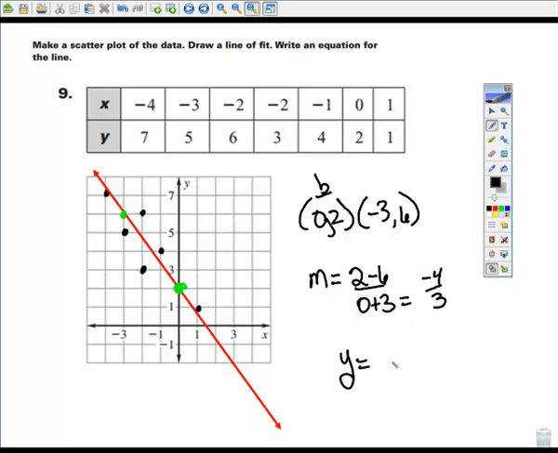So my equation is y equals -4/3 x plus, I got it right this time, 2. And you can see that the slope does look like it's -4/3. If I go up 1, 2, 3, 4, and over 1, 2, 3, it works. And then my y-intercept is 2.